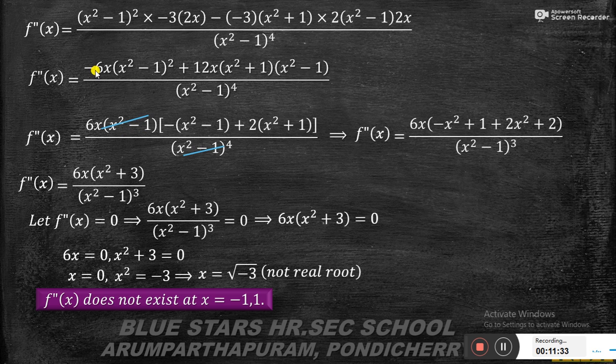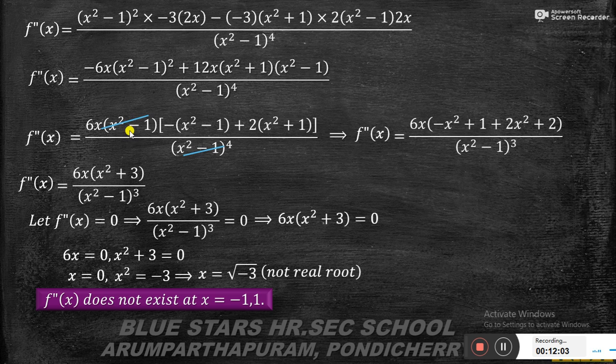The remaining term is minus x square minus 1, plus the remaining terms: 12 I factorize into 6 into 2, so 2 into x square plus 1, divided by x square minus 1 whole power 4.